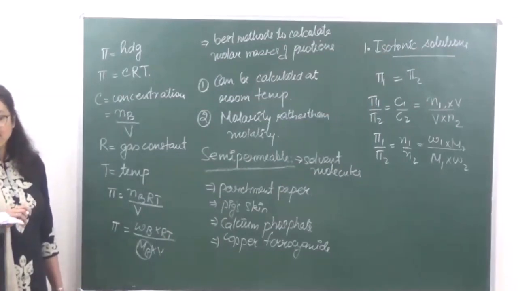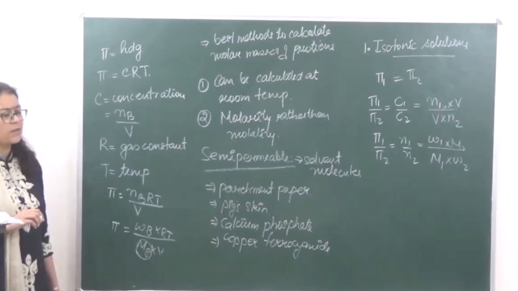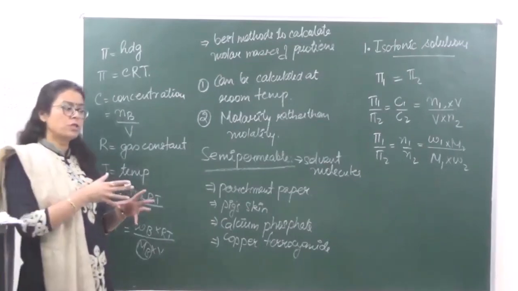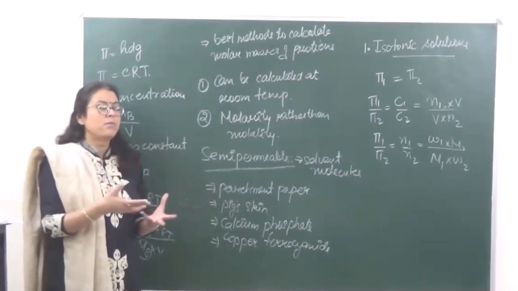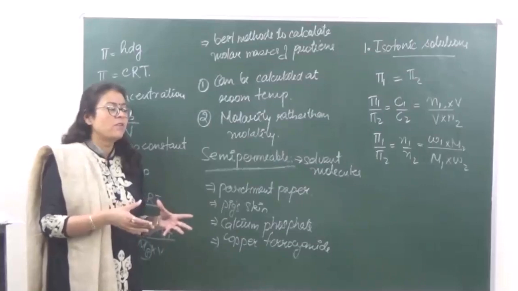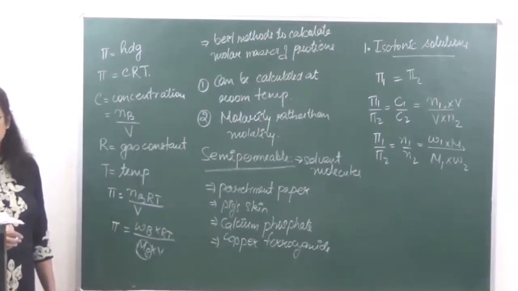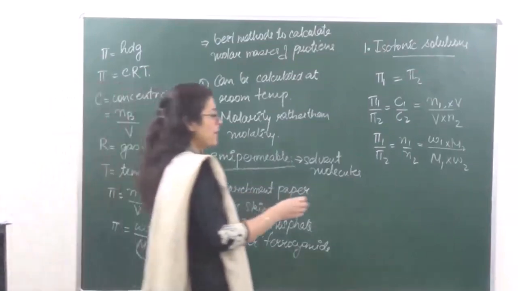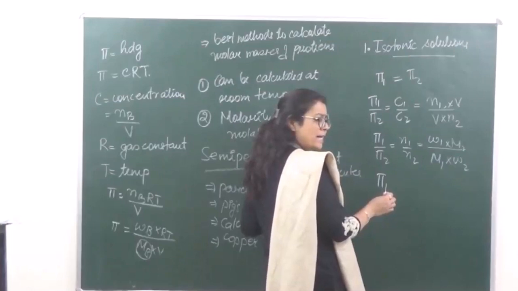Okay, now if we are taking into consideration two solutions which are isotonic with each other and we mix both the solutions, we have solution A and we have solution B, both have the same osmotic pressure, we are mixing those solutions. When we mix those solutions, what is going to be the resultant osmotic pressure? It will be same as what we did in the normality and molarity equations.